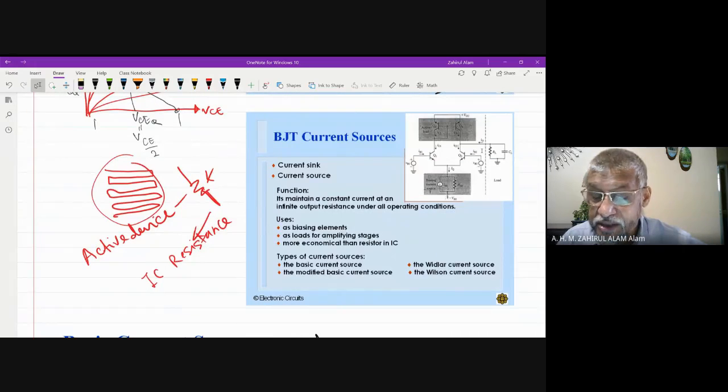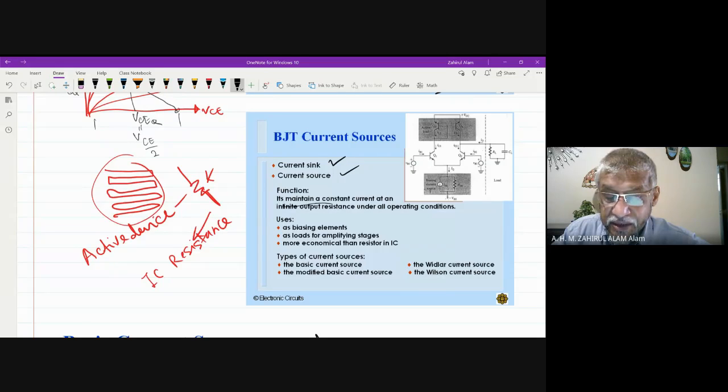Since we are going to study this, first we are going to study BJT current sources, and later on we are going to study MOSFET current sources. So there are different types of current source, current sink and source. What is the function?